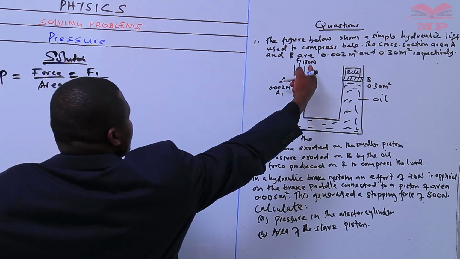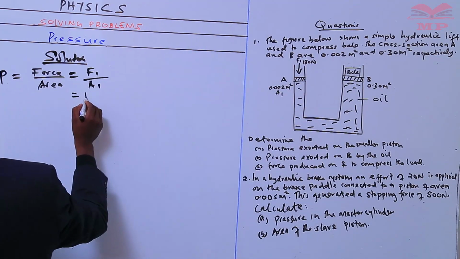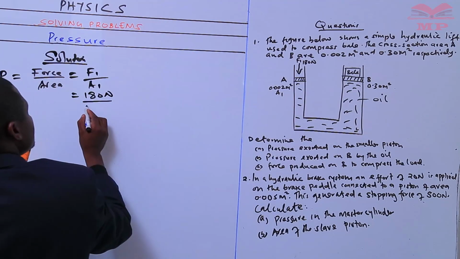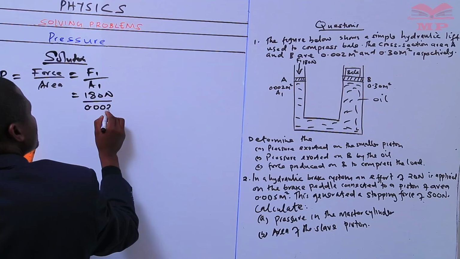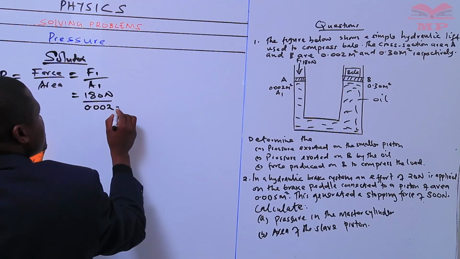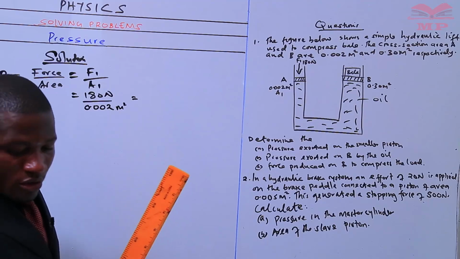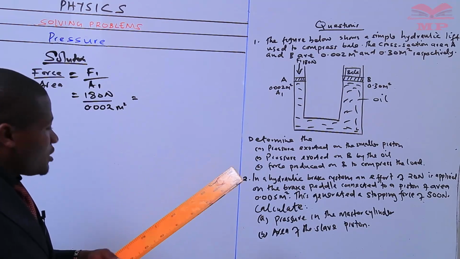I have F1, it is 180 Newton, then A1 is 0.002 meters squared. So now I simplify this using a calculator.